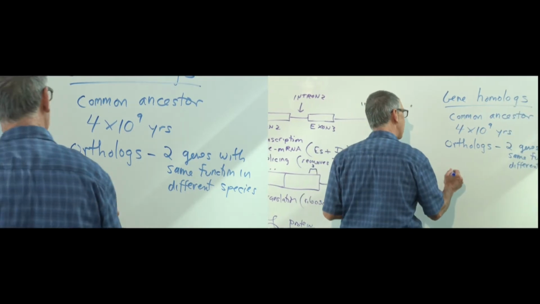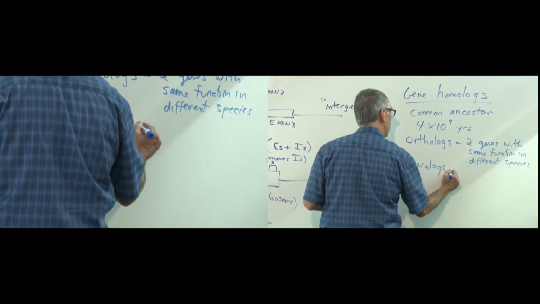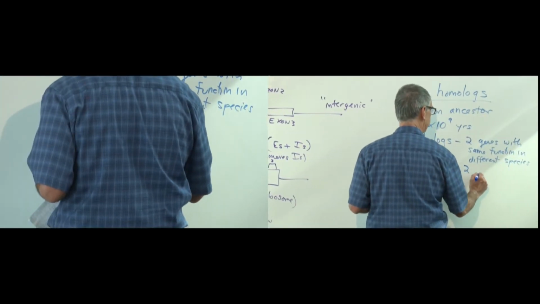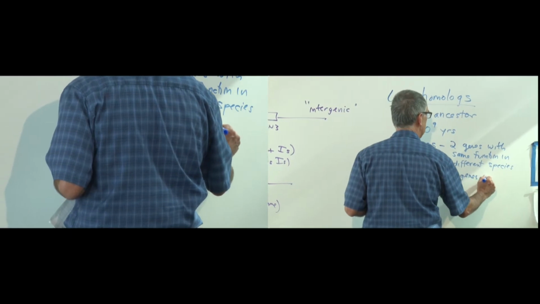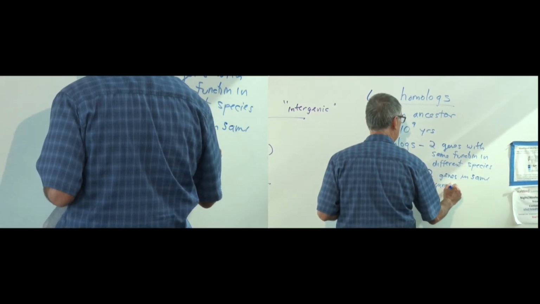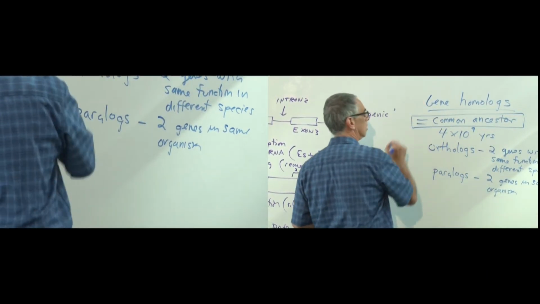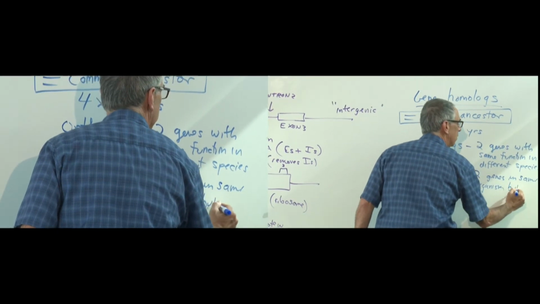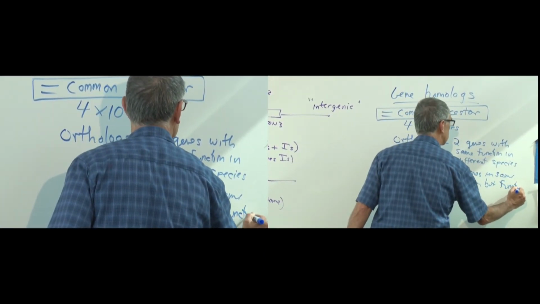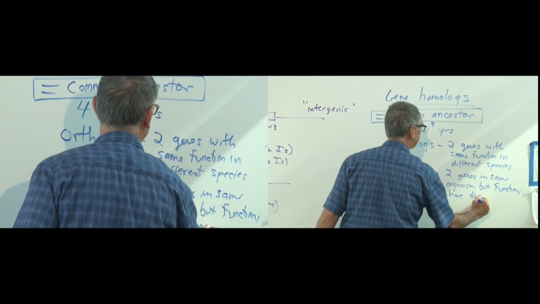But what we do have is the idea of paralogs. Paralogs are 2 genes in the same organism that are homologs, so they do have a common ancestor, but their functions have diverged.